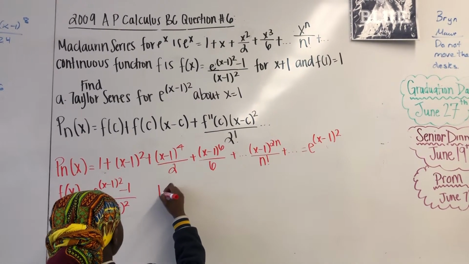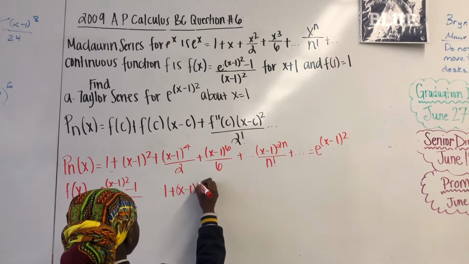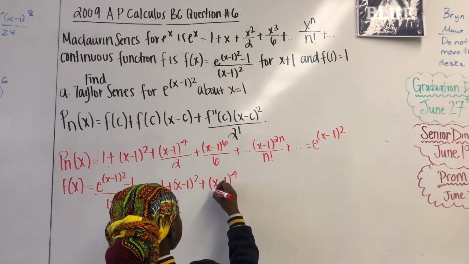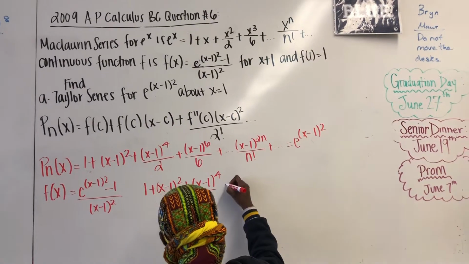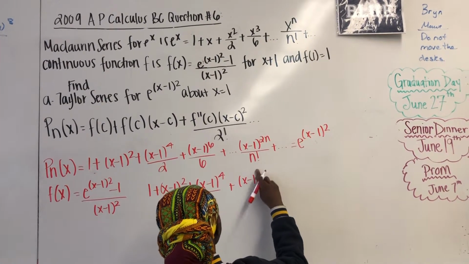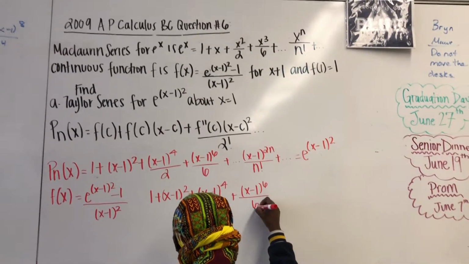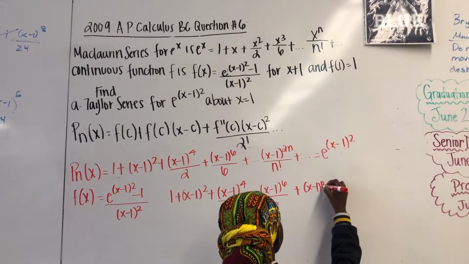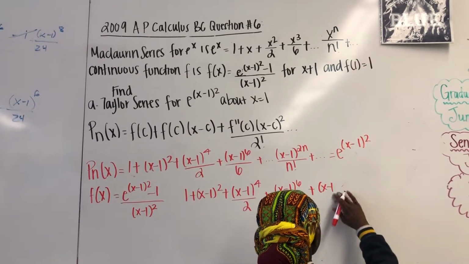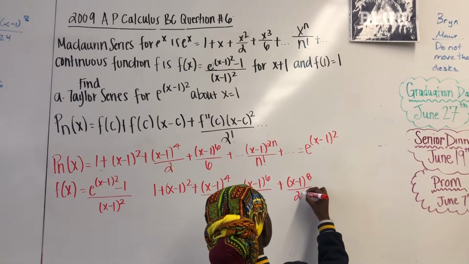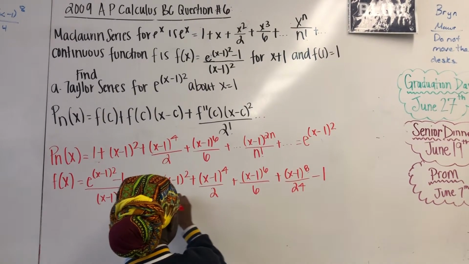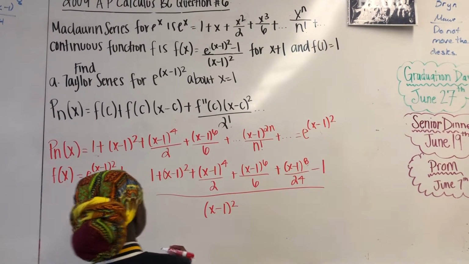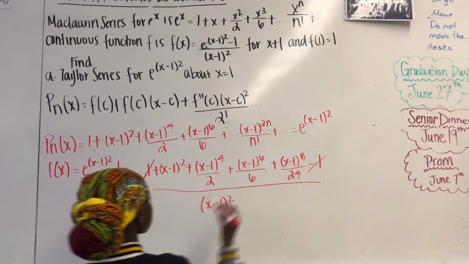So when you start plugging Part A into Part B, it will look like this: 1 plus (x minus 1) squared plus (x minus 1) to the 4th power over 2 plus (x minus 1) to the 6th power over 6 plus (x minus 1) to the 8th power over 24 plus, and so on, minus 1 over (x minus 1) squared.